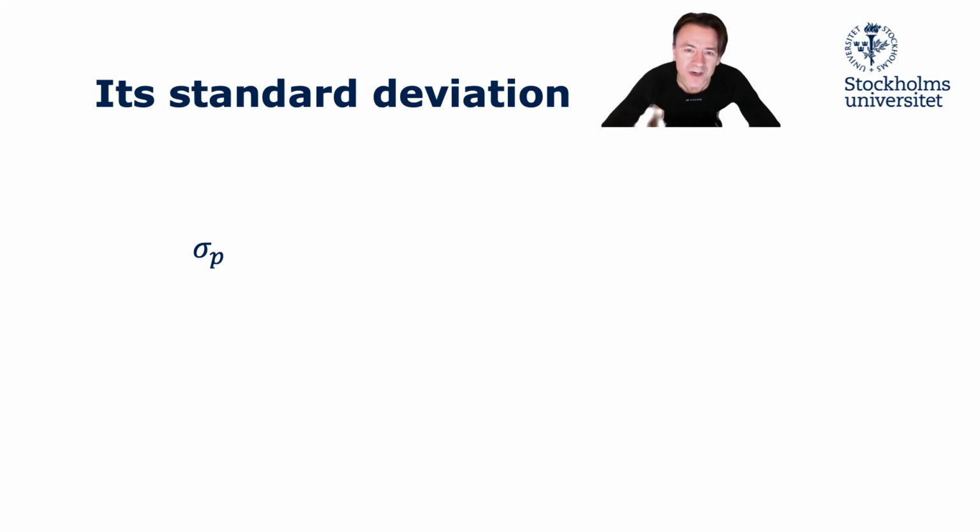And we know already that its standard deviation is equal to the weight on the risky asset times the standard deviation of the risky asset. Let me just use sigma here for the standard deviation of the risky asset because there's no confusion. There's only one risky asset here.